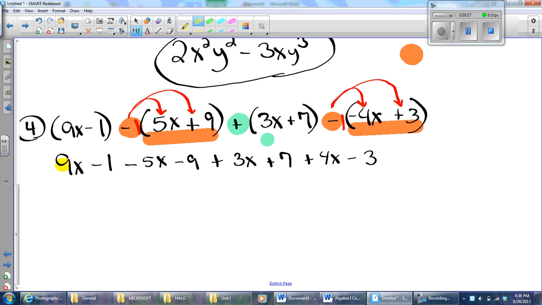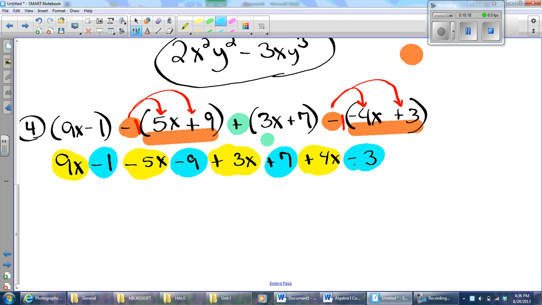So I have 9x's and a minus 5x. I have 3x. It's positive. Get that sign. And a 4x. So I'm going to put all those x's together. Now I've got a -1 and a -9, +7, and a -3.